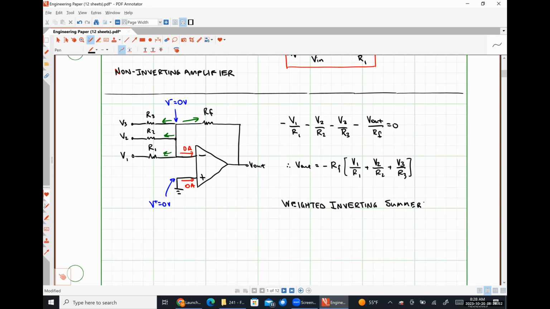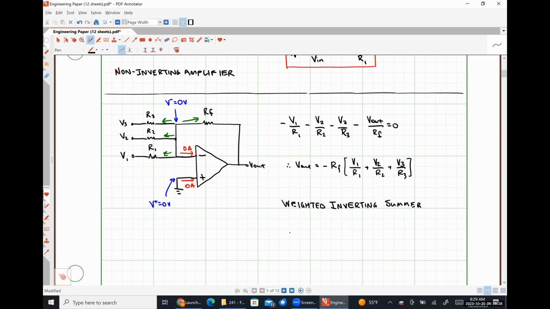So the weight of the input voltage V1 is defined by the ratio of RF over R1. The weight applied to input signal V2 is defined by RF over R2, et cetera. So we can scale different signals by different amounts and then add all those results together using this type of amplifier.